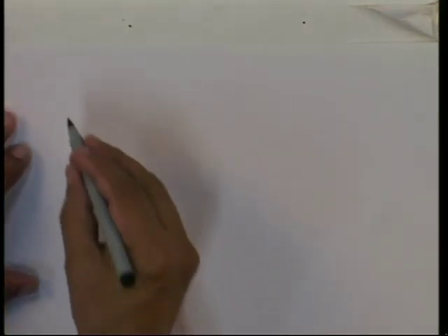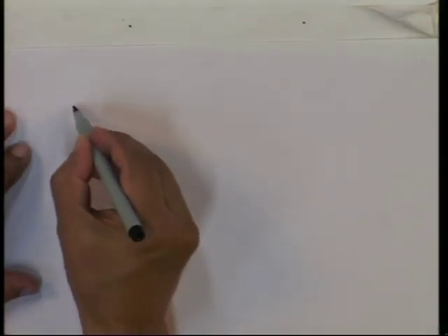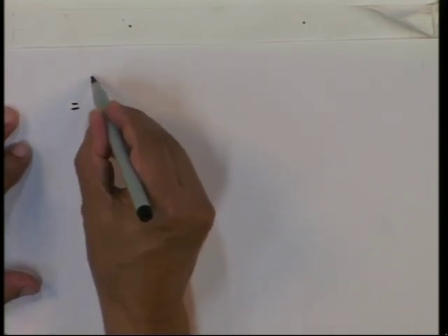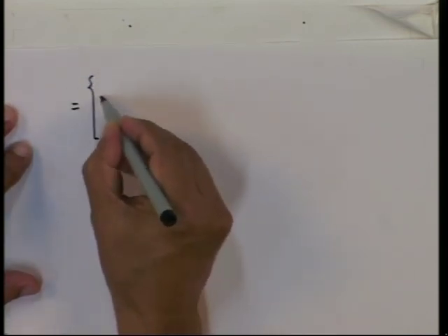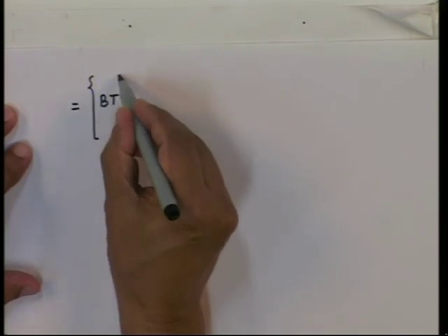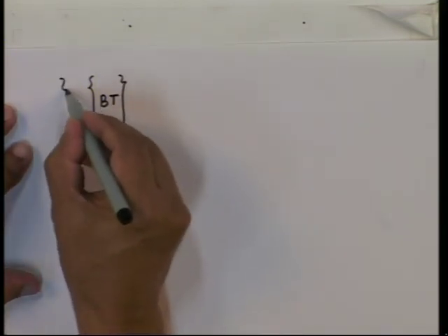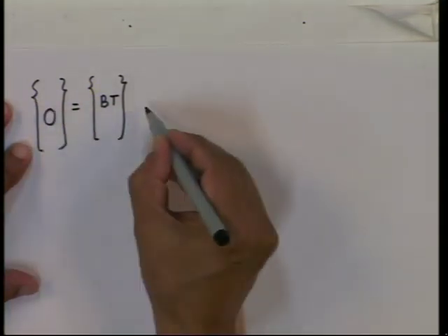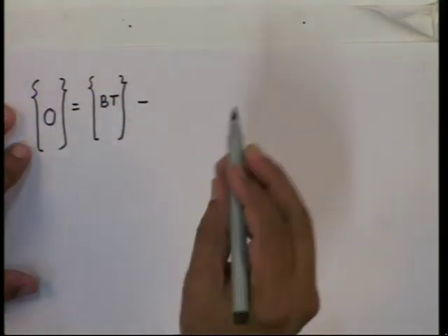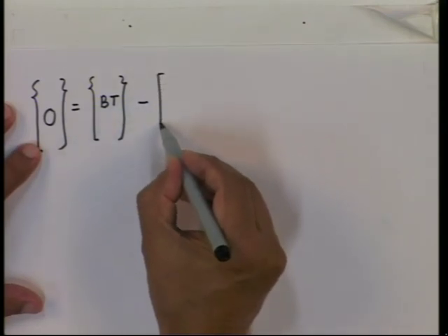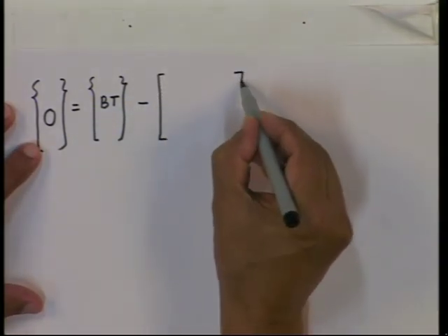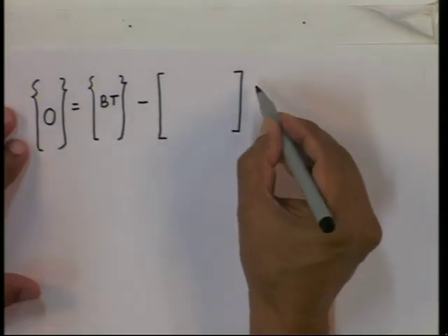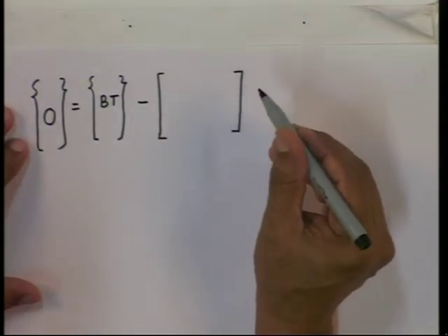So we will have 0 equal to the boundary term, B t is 0, minus this one, the size can be anything. Now here, what will it be?